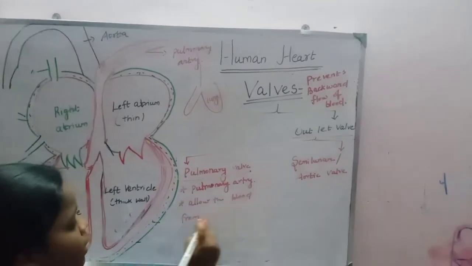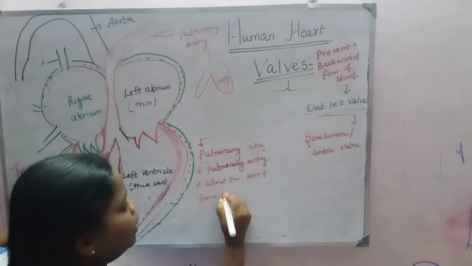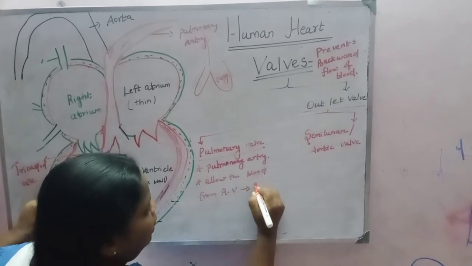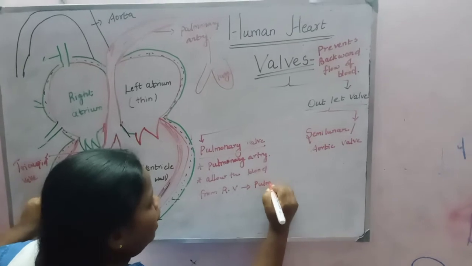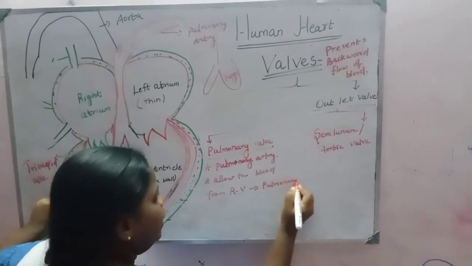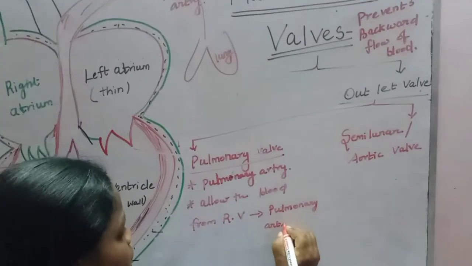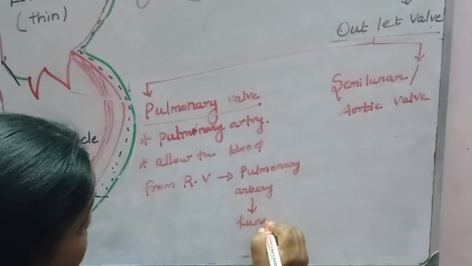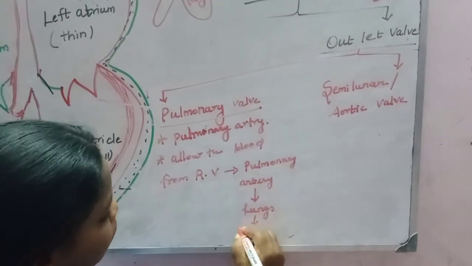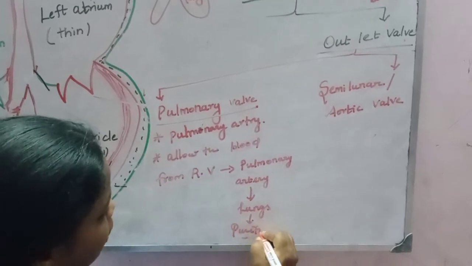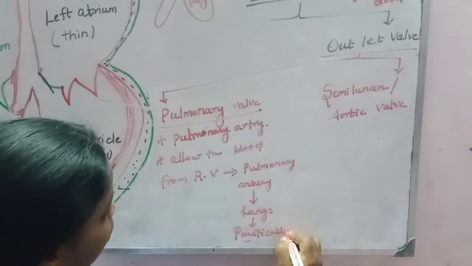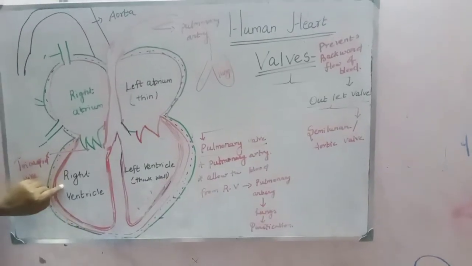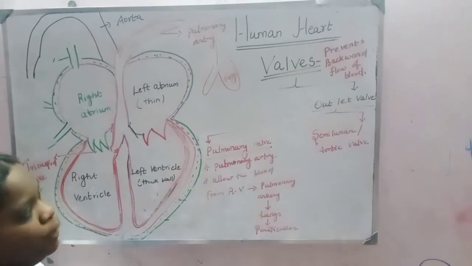Then in the lungs, what will happen? Purification of blood, oxygenation. The exchange of gases takes place in the alveoli. So that is the pulmonary valve.